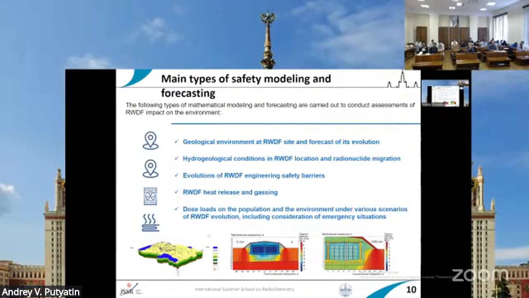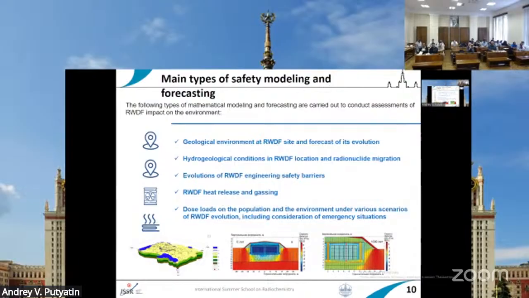Of course, hydrogeological conditions are important to avoid the penetration of the groundwaters into the disposal facility. There is also heat and gas release inside the facility.